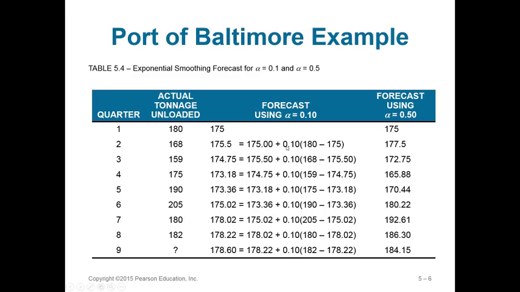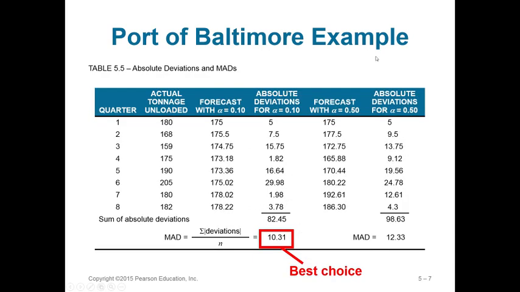You should be looking at historical data to see how far off from month to month you are. So your absolute deviation here for using the 0.1 alpha is about 10.31 in terms of the average, versus if you used a 0.5 forecast, be 12.33.